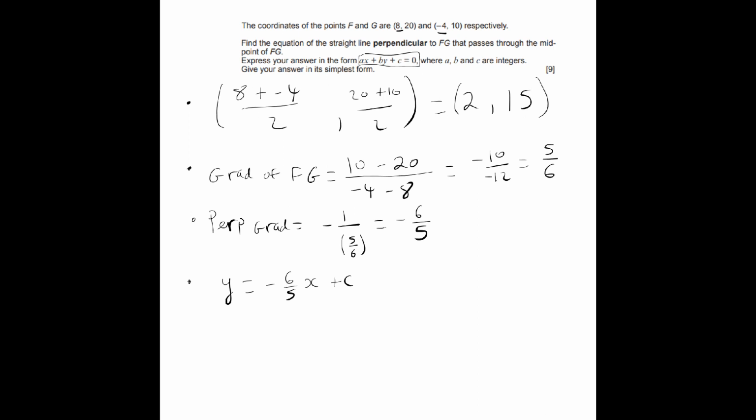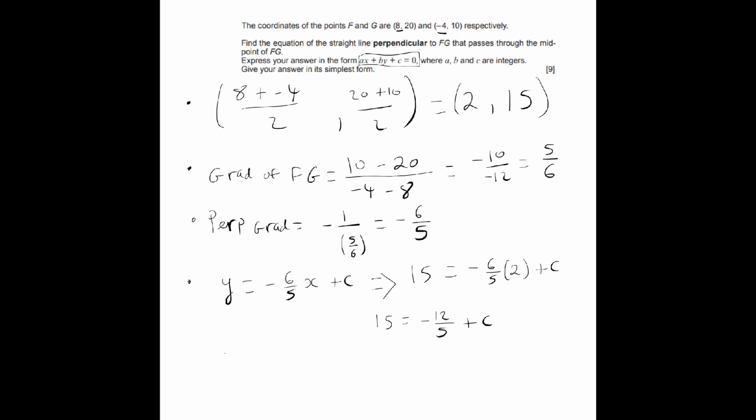And I can substitute in the coordinates that I know it goes through, and the question tells me that it goes through the midpoint. So I can substitute in y as 15 and x as 2. I'm just showing that here, which will give me 15 equals minus 12/5 plus c. And again, you can use a calculator to help you.